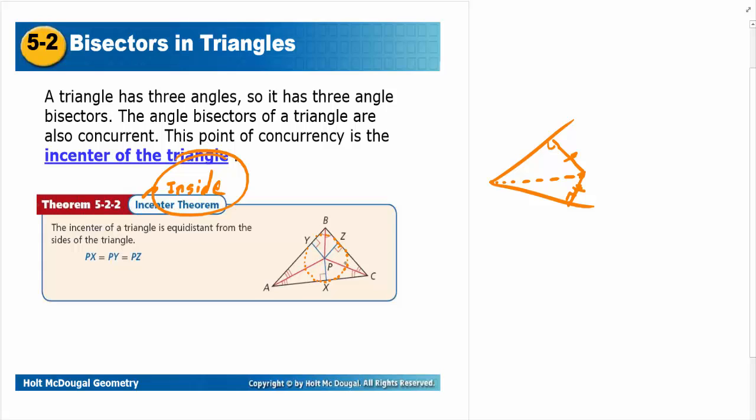And if I took, say, PC as my angle bisector, notice these are going to be congruent by the angle bisector theorem. Or if I did AP, I know that YP and XP are congruent by the angle bisector theorem. So we're just using that angle bisector theorem to help prove the incenter theorem.